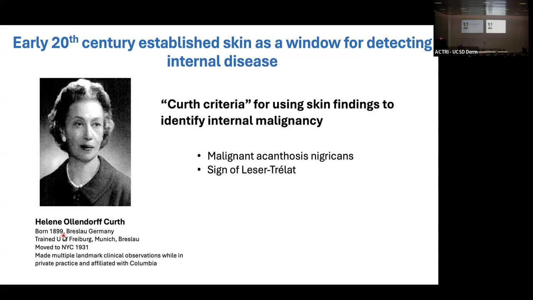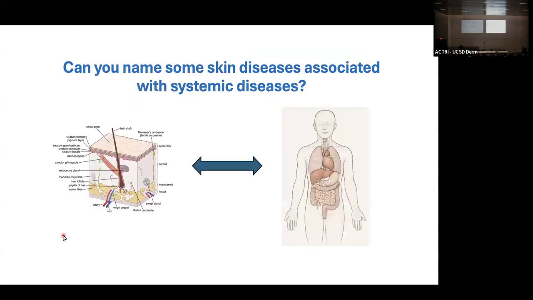Now, since then, there's some controversy, particularly in Leser-Trélat, which is multiple seborrheic keratoses, whether those are a very accurate assessment. But she certainly made major advances to start getting dermatologists to be on the lookout that maybe they can make a systemic diagnosis for something that seems like a trivial cutaneous presentation.